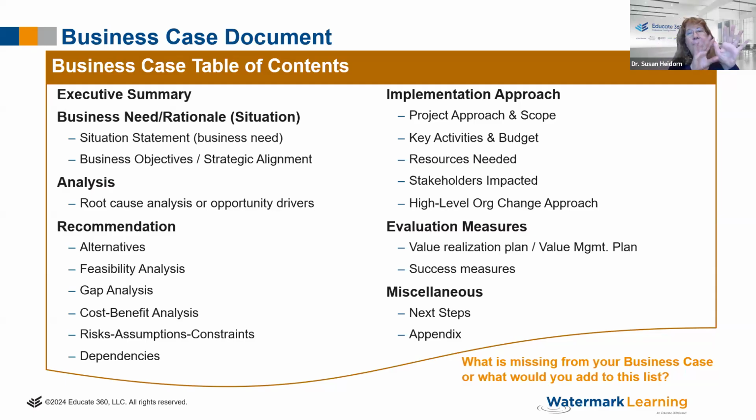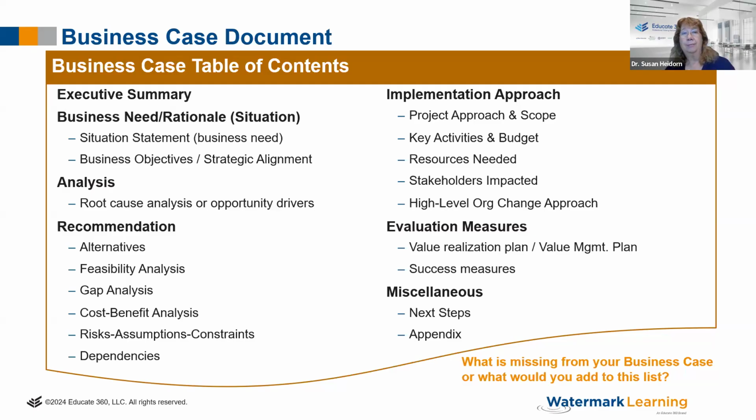How does it align back to the strategies of the organization? And then we also have some analysis to do. The best business cases are based on data. And we're going to talk about each of these coming up in a little bit more depth. So I'm just going to do high level here. So you've got to figure out the root cause, opportunity, drivers, get as much data as you can.